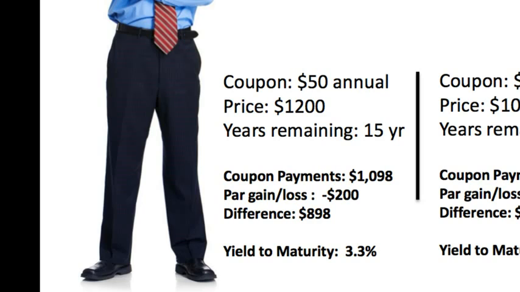So that $200 comes right off the top of his coupon payments for a difference of $898. If he buys this bond at that price and holds it clear to maturity, he's going to make $898. As we look at the yield to maturity, that yield would actually be 3.3% for that purchase price, which is significantly lower than the 5% coupon that you might think when you look at it from a simple interest and coupon yield perspective.